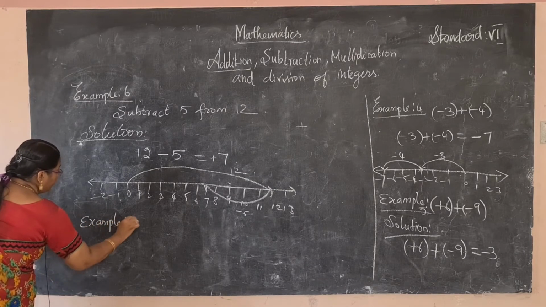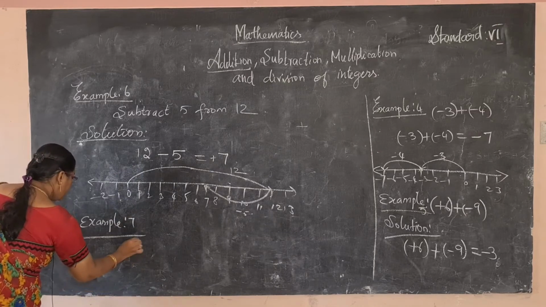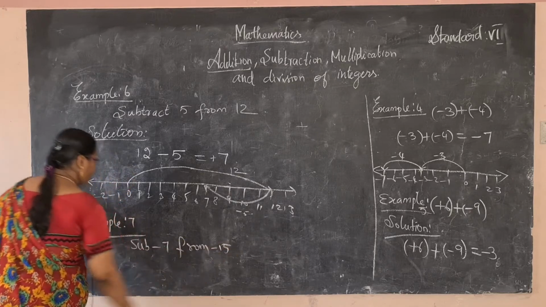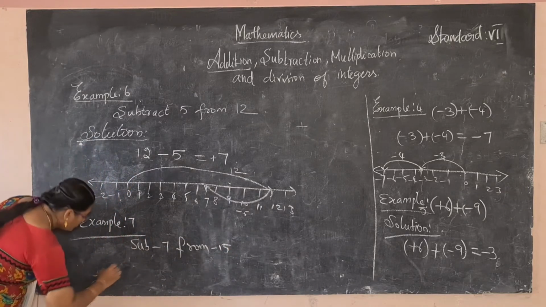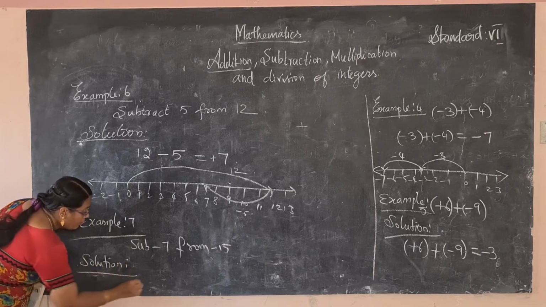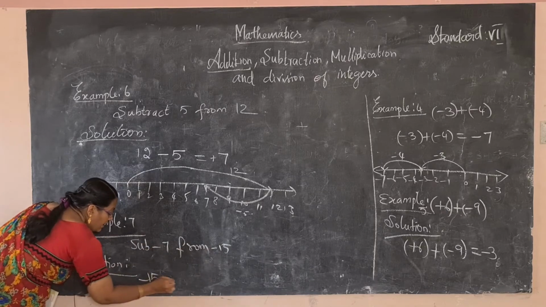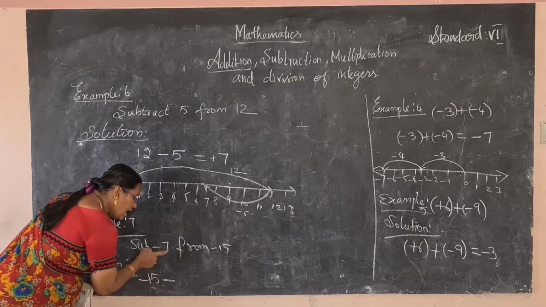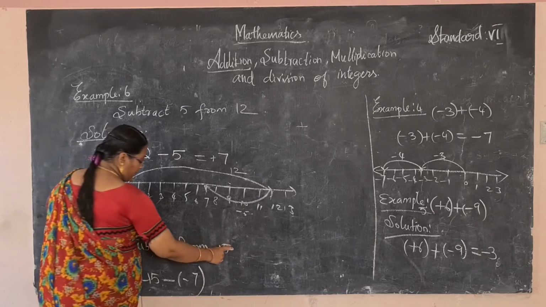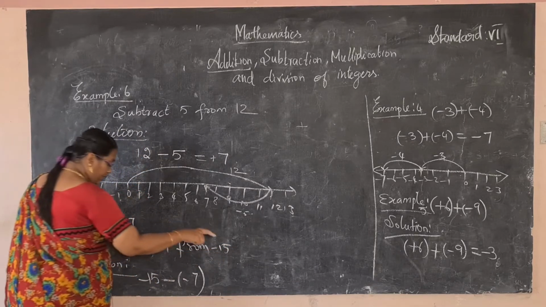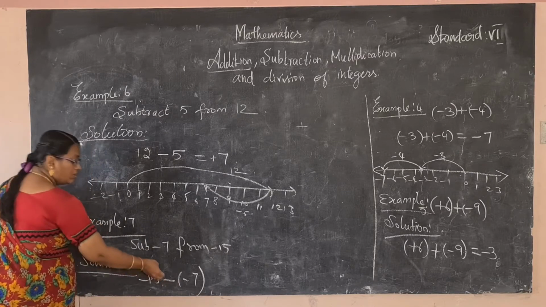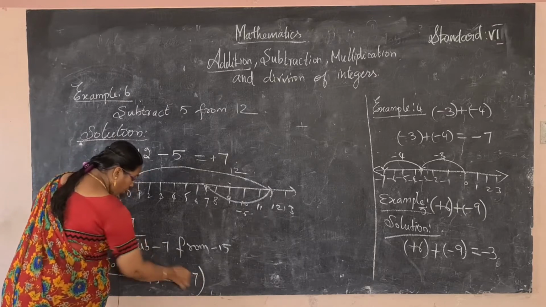Subtract minus 7 from minus 15. So how to solve? Solution: minus 15, is it? The operation is subtraction, so minus, and the number already has a minus sign. So from minus 15, the operation is subtraction, so difference. Subtraction means minus of which number?